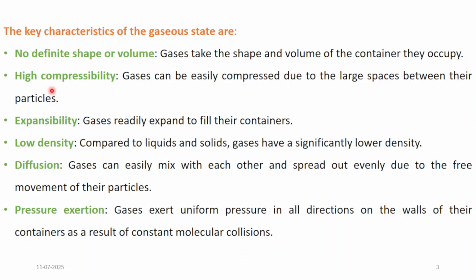N-butane gas is compressed under high pressure at around minus 1 degree Celsius. It will convert to liquid N-butane. So whatever LPG cylinder you get, that contains N-butane liquid. When you release it outside at normal temperature, that is room temperature, it gets converted to gas.